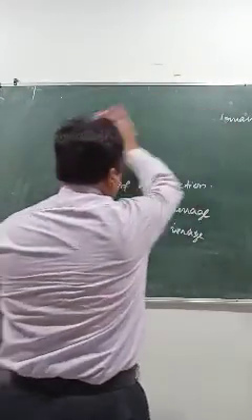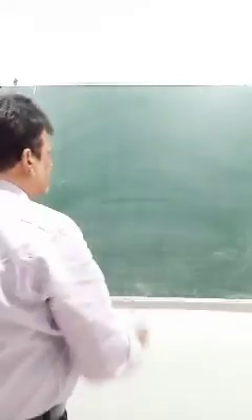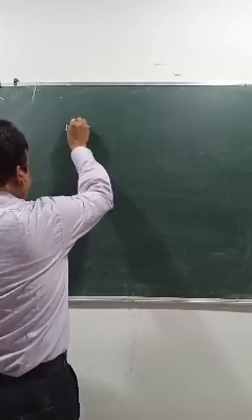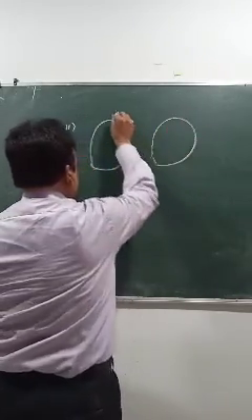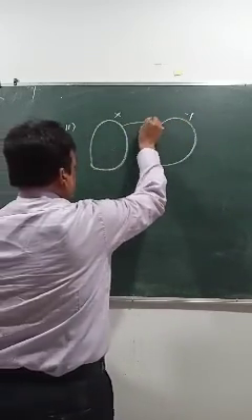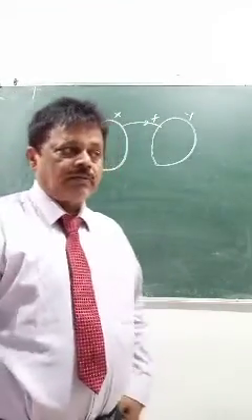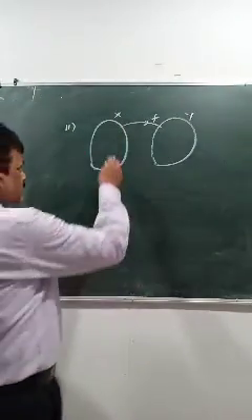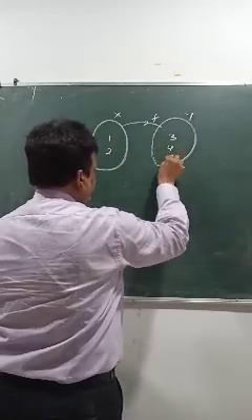Take another example here. There are two sets X and Y, and the relation is defined between X and Y. Whether that relation is a function. Suppose 1, 2, 3, 4, 5.